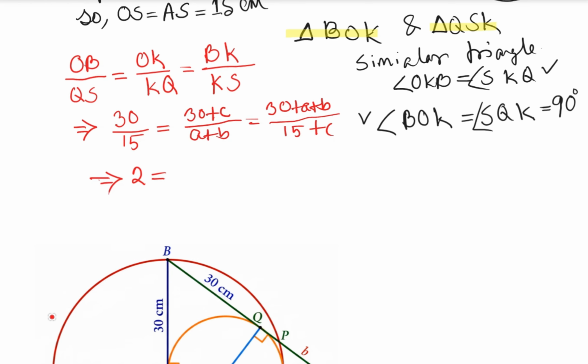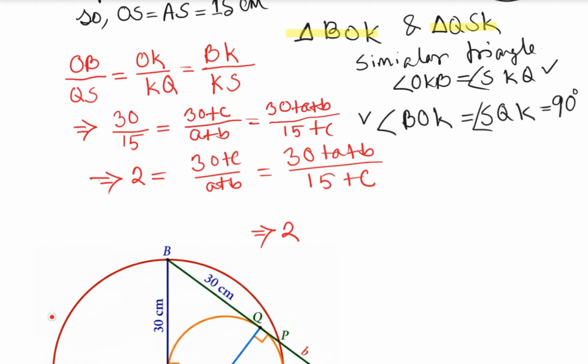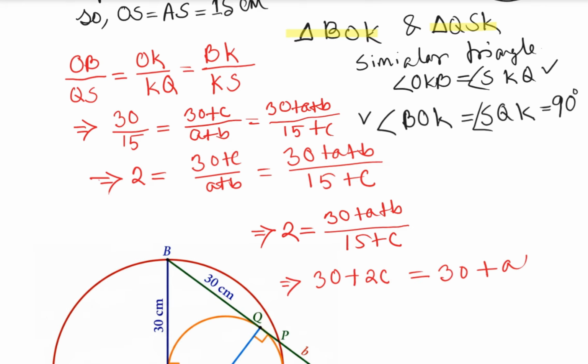Here of course 2 is equal to 30 plus C over A plus B, and 2 is equal to 30 plus A plus B over 15 plus C. So here 30 plus 2C is equal to 30 plus A plus B. So 2C is equal to A plus B, since 30 cancels out from both sides.